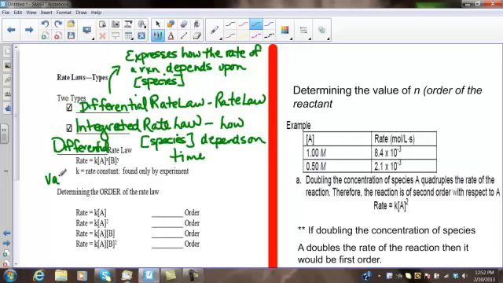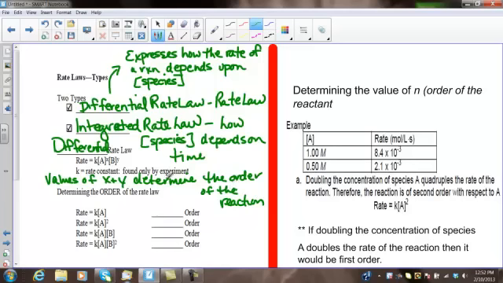So the values of X and Y determine the order of the reaction. X and Y will be an integer.